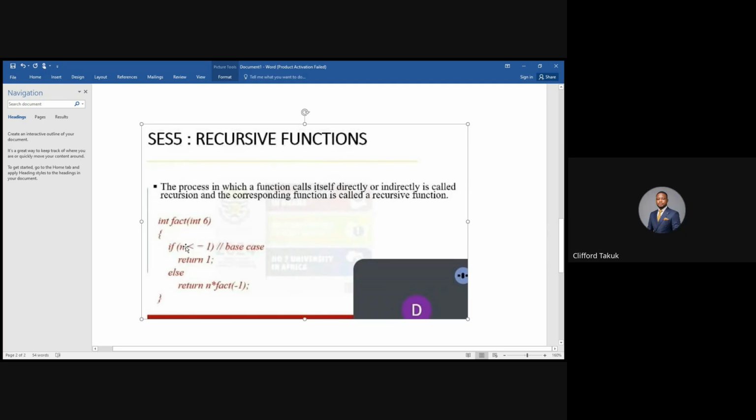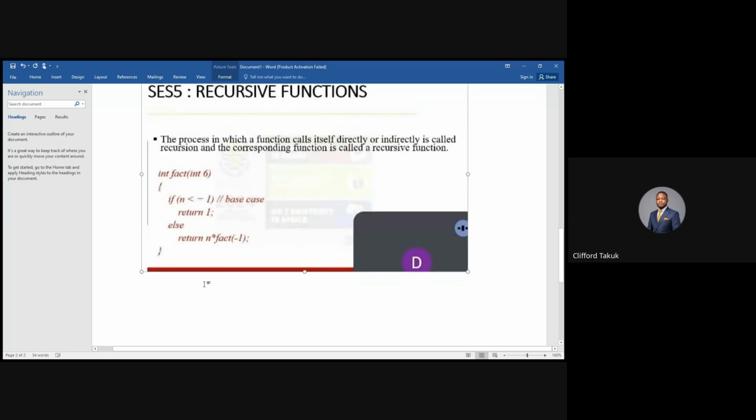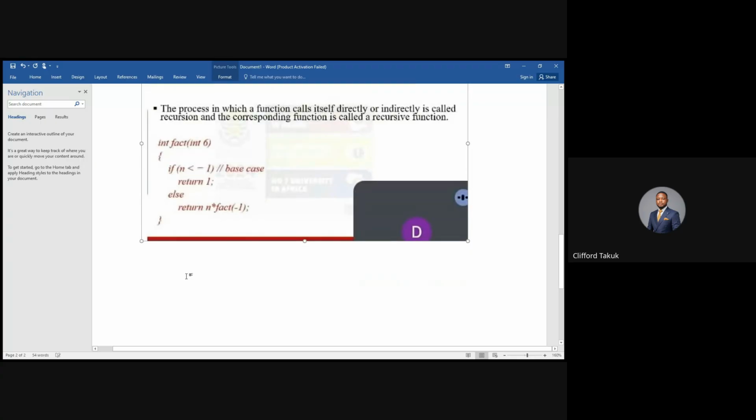So look at this. If n is less than or equal to 1, then return 1. So if you find the factorial of 1, then the answer will be what? You multiply that number by 1. So what do we have here? 6, right? Yes, 6. So 6 times 1 will give us what? 6. We are finding the factorial of 6.